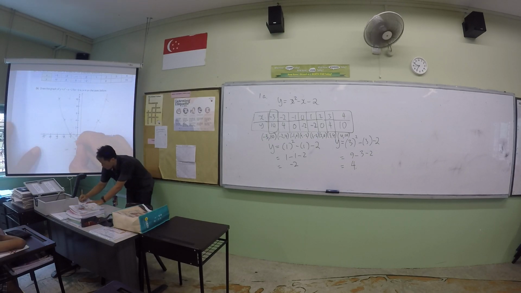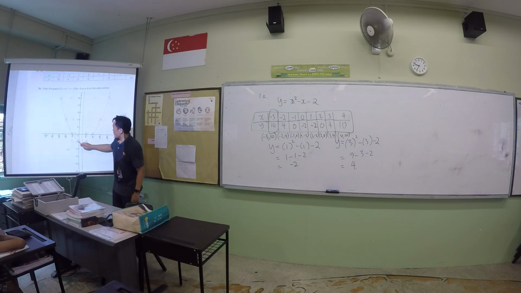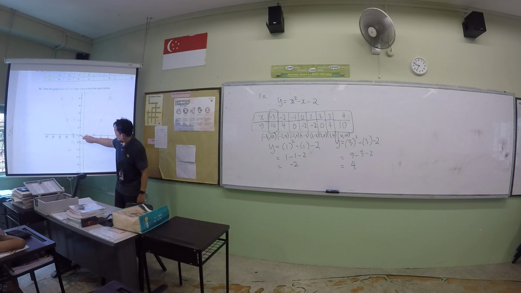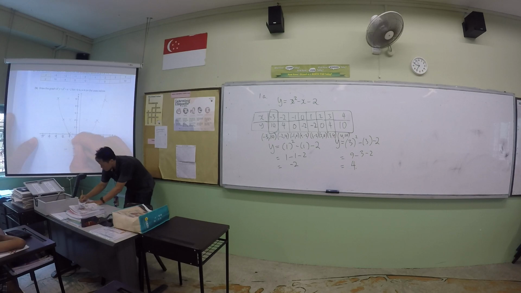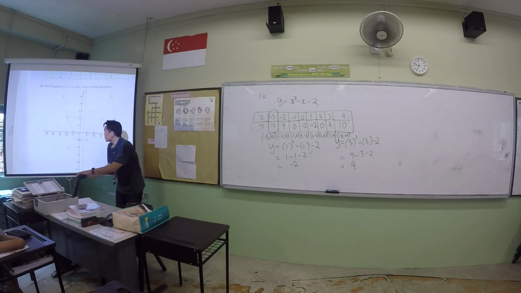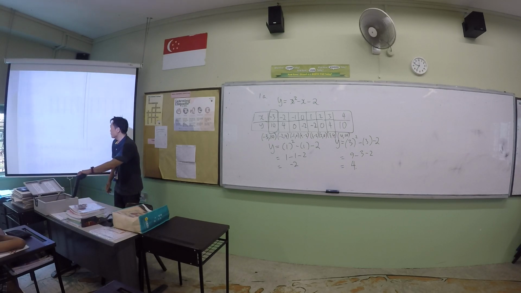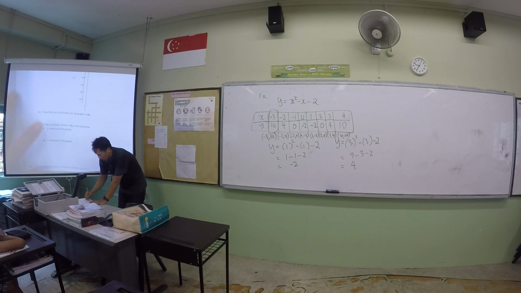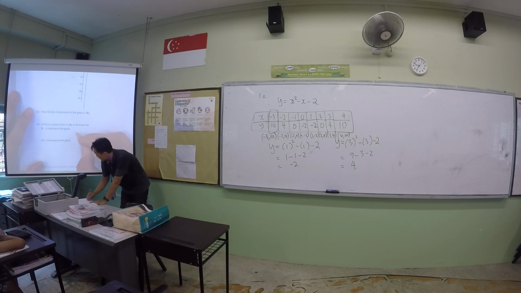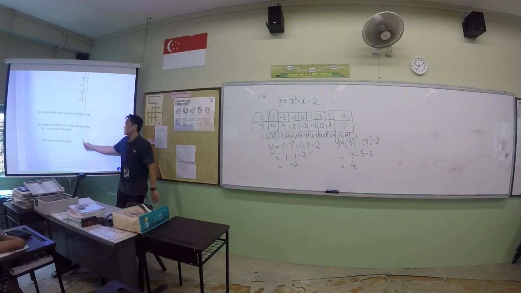And the y moves down from the origin 2 units. So the y is minus 2. (0, -2) is this point. So when you answer the question, the y-intercept of the graph, you must give it as a coordinate: (0, -2).